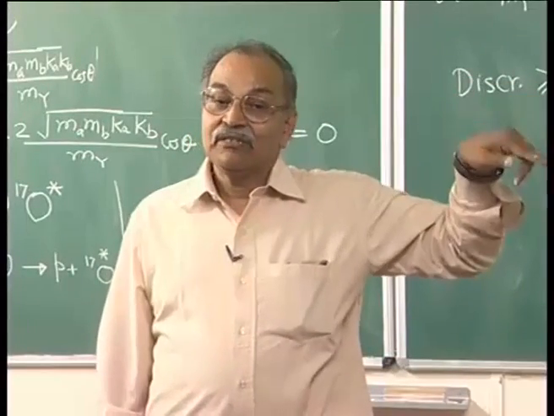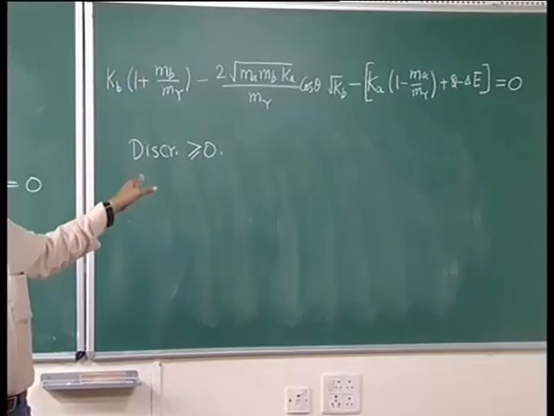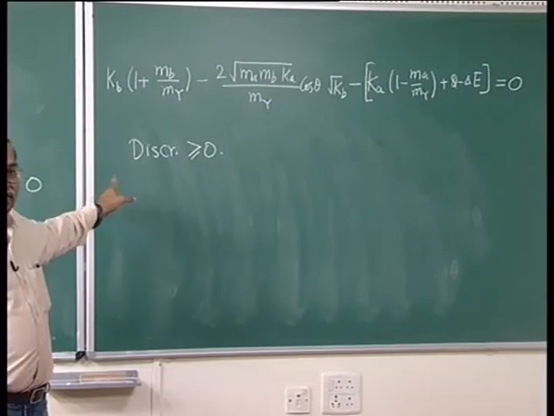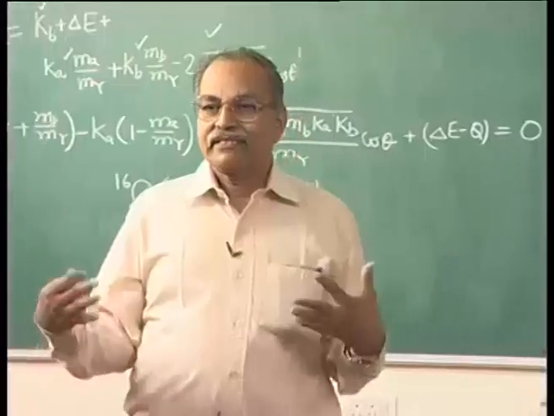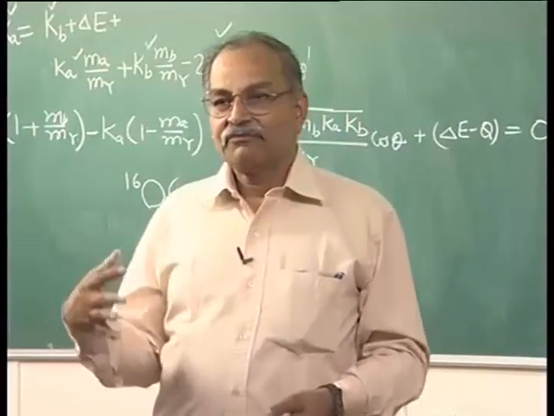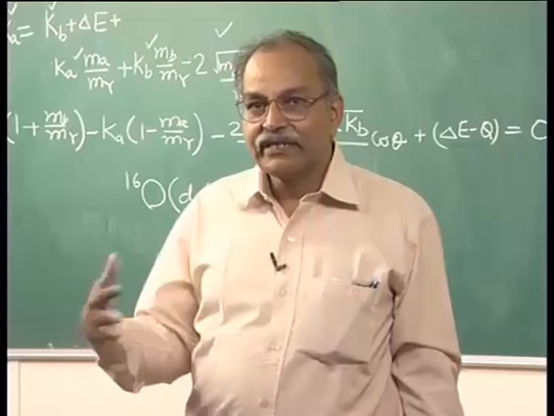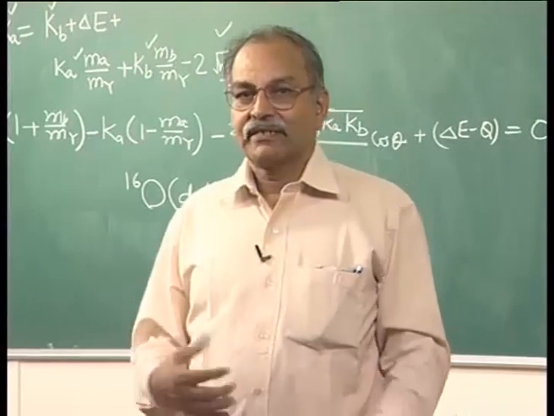So, depending on theta and delta E, you can find how much the threshold K_A should be. All these energetics, all these energy considerations, one can work out, and that will be useful for analyzing the data obtained from the scattering experiments.